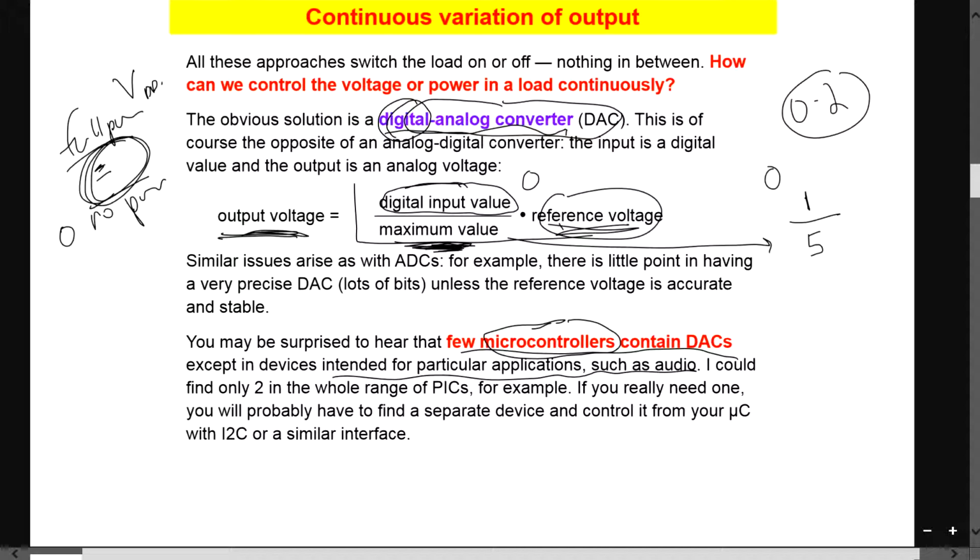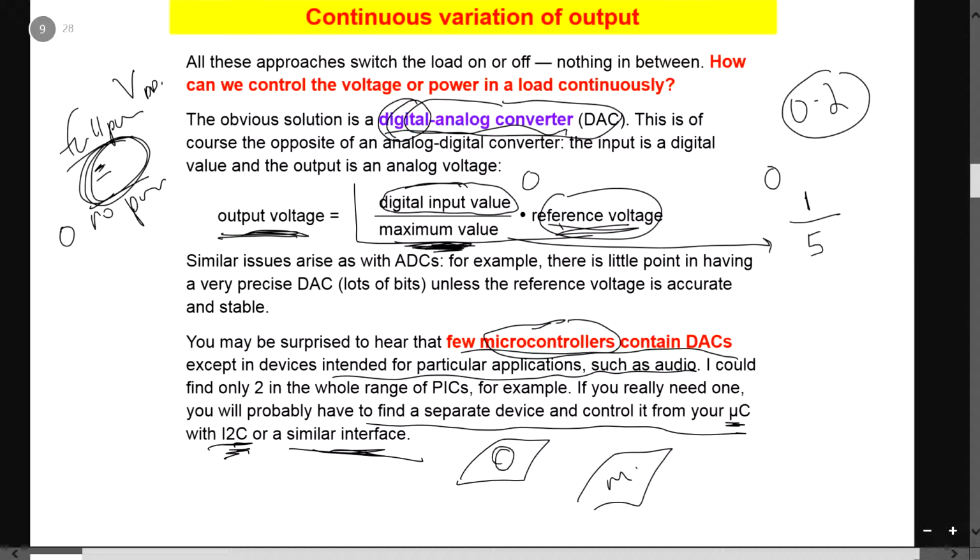If you really need one, you have to find a separate device and control it from your microcontroller with I2C or a similar interface. The microcontroller will connect using an I2C bus, and most likely you're talking about another shield or module to tap onto your microcontroller. So you require an additional system to go along with your microcontroller.